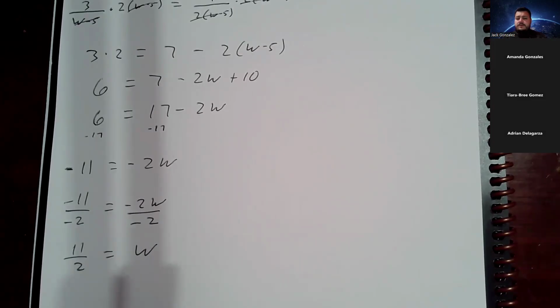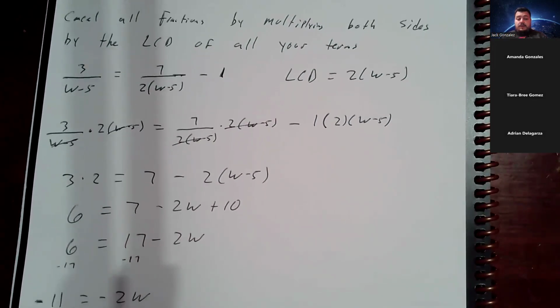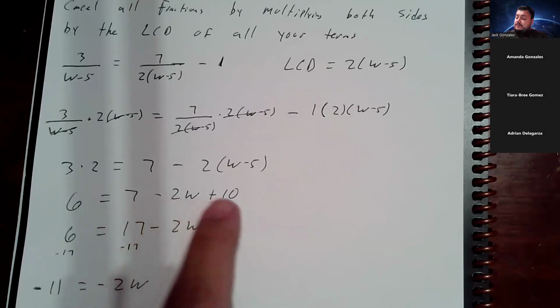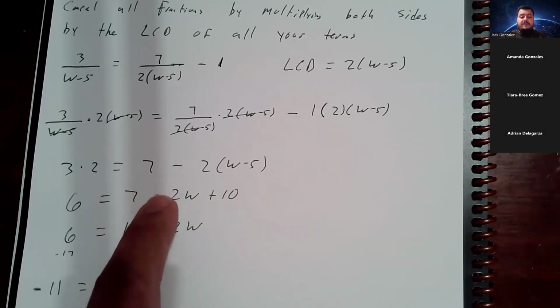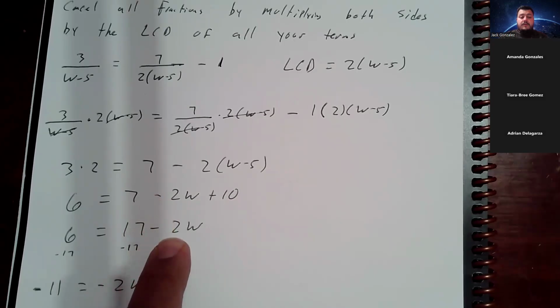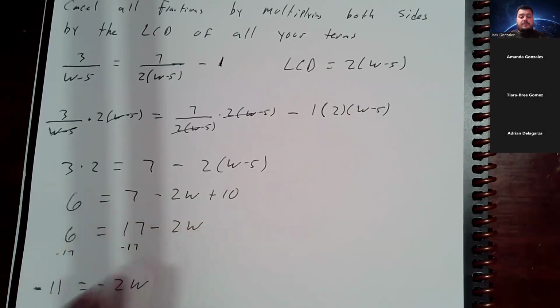Let me show you what they did. We have two frames of reference. Oh, what, 17? Oh, 7 plus 10. I just combined the terms. I left the negative 2w right there. Once that happened, I moved it over and solved for the w.